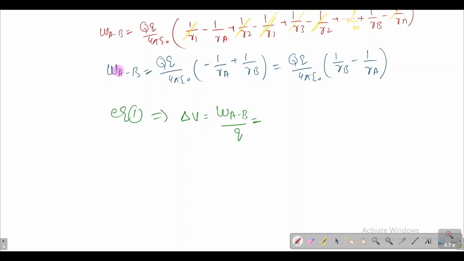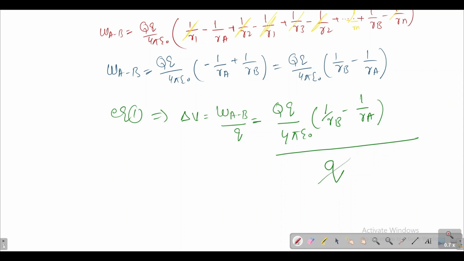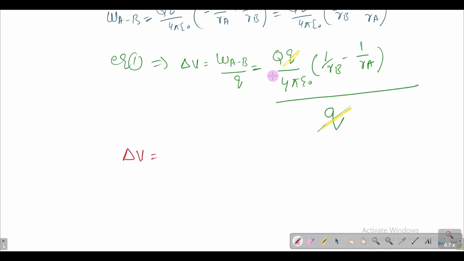So here the work done from A to B is given by this, so we will put this value, q by 4 pi epsilon naught into 1 over Rb minus 1 over Ra, instead of the work done from A to B, and this is divided by q. So this q and this q will be cancelled. So del V becomes del V is equal to 1 over 4 pi epsilon naught into 1 over Rb minus 1 over Ra.